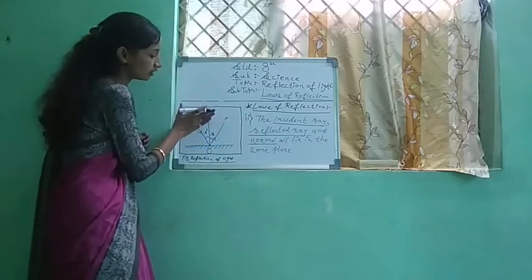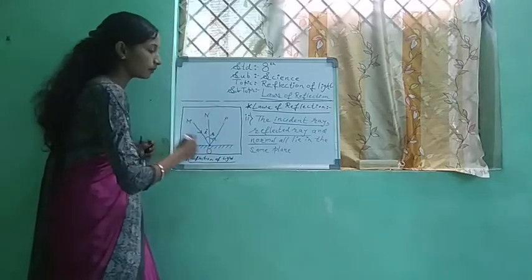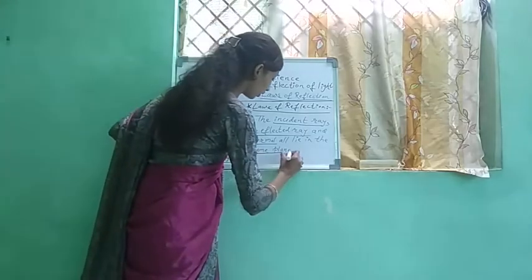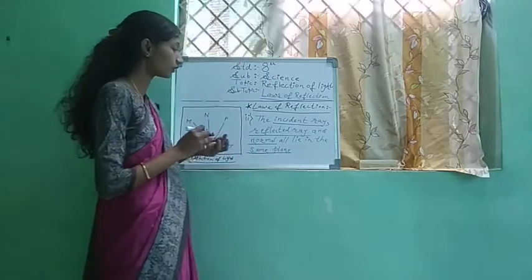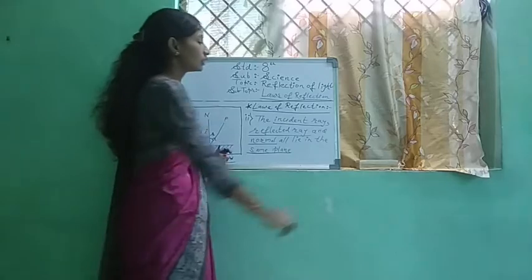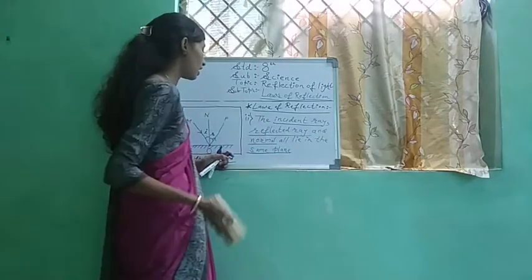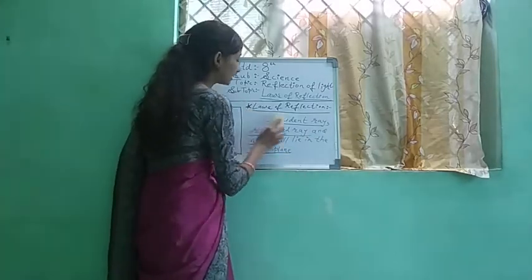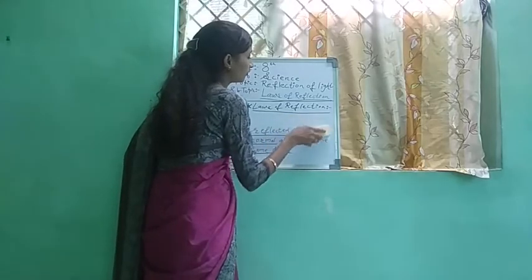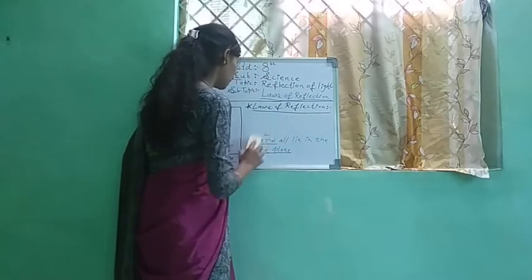See, you can see here they are in the same plane. Okay, clear up to this? Then the last one, the third and the last law of reflection, we'll see now.